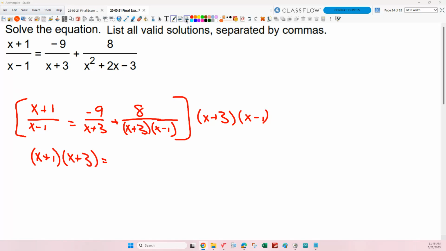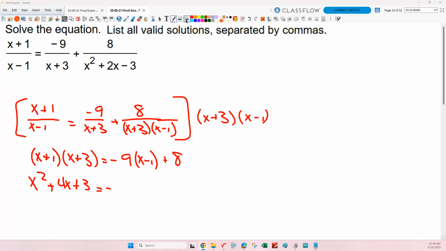Okay, and what about the one with the negative 9? Negative 9 times x minus 1. And then what about at the end? Just 8. Okay. What would I do next? FOIL, so I'd get x squared plus 4x plus 3. We okay? Okay.